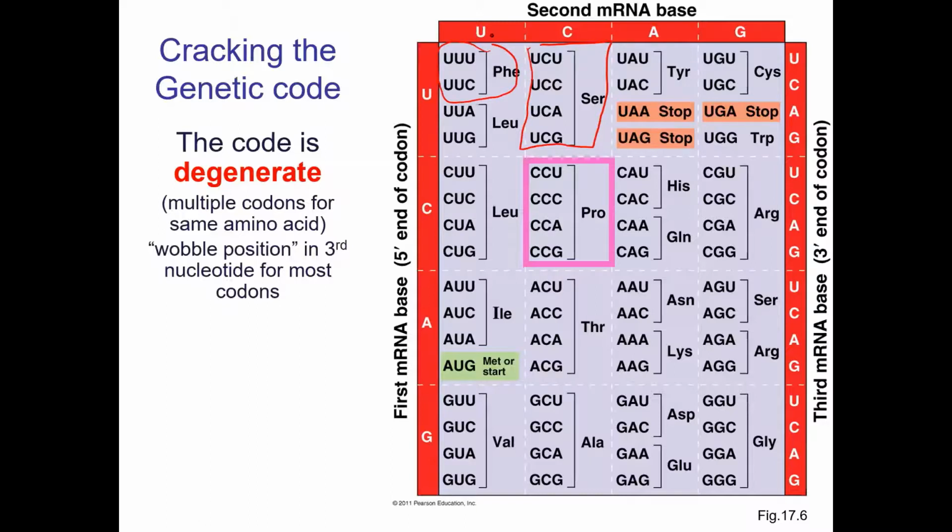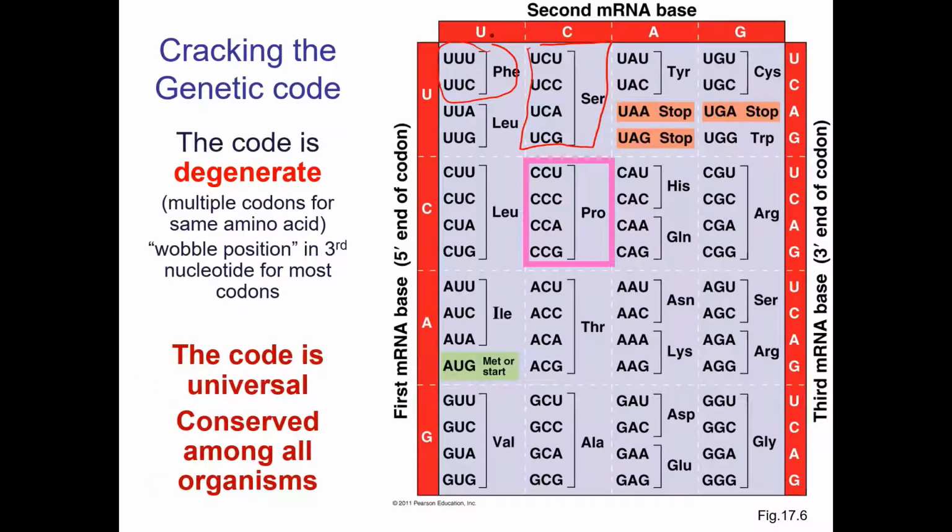So multiple codons can code for one amino acid. Sometimes that third base doesn't even matter at all, like in the case of proline. Who cares if you have a C or an A or a G or a U? You still get a proline. In other cases, that third base does matter. Often in the literature, they call it the wobble position. Kind of a weird name, but it means that the third nucleotide often doesn't matter.